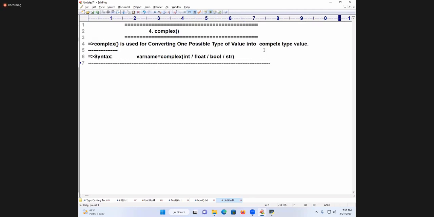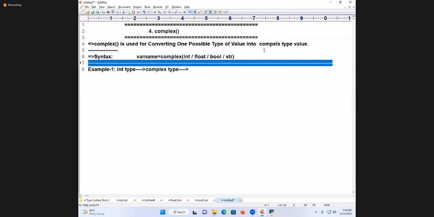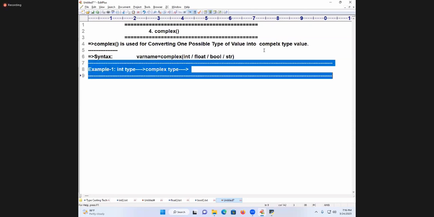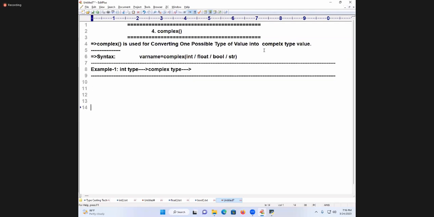First part of it. So we'll make it very fast. Example number 1. Which type? Int type to which type? Complex type. I want to check it out. Like that, I will go for all these mechanisms.